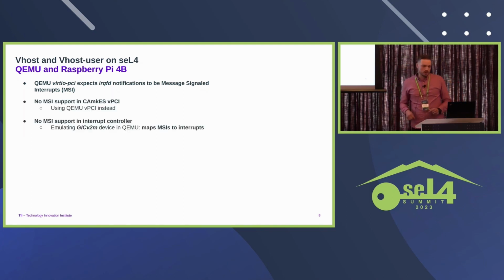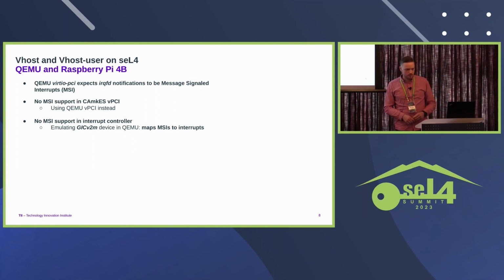There was no support for MSIs in CAmkES Virtual PCI, and also no support for MSIs in the interrupt controller. So what we decided to use temporarily is QEMU to provide the virtual PCI and also emulate the GICv2m device in QEMU.